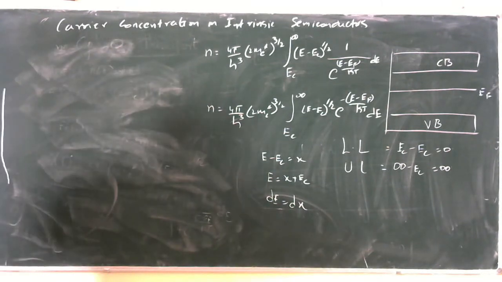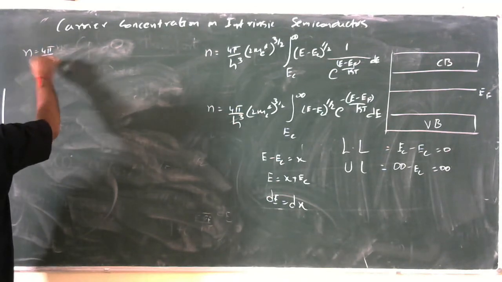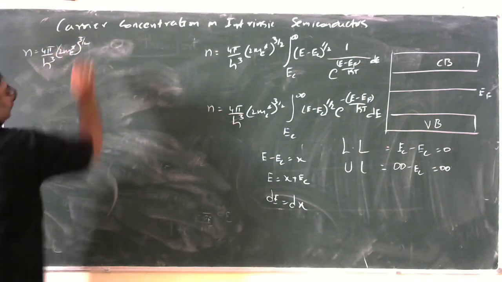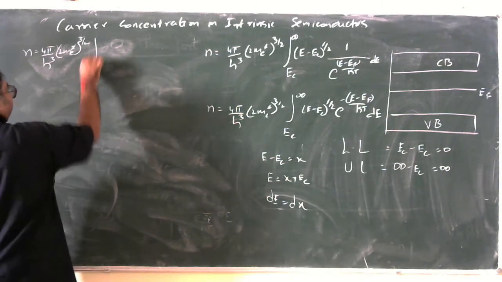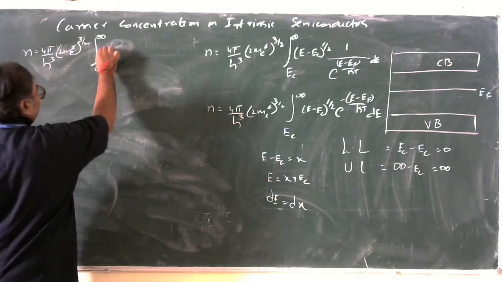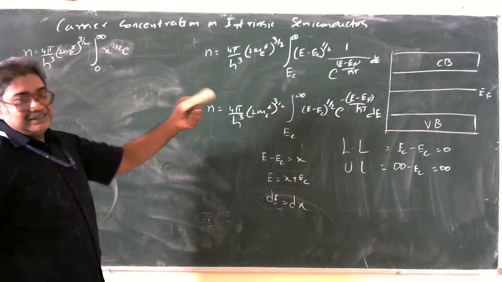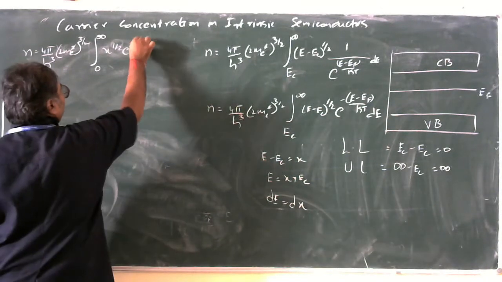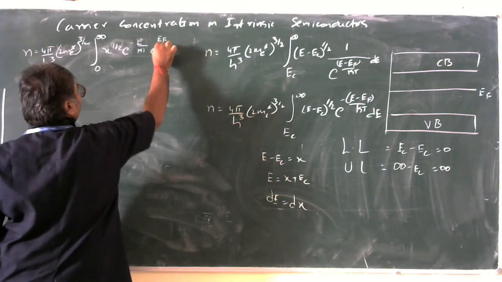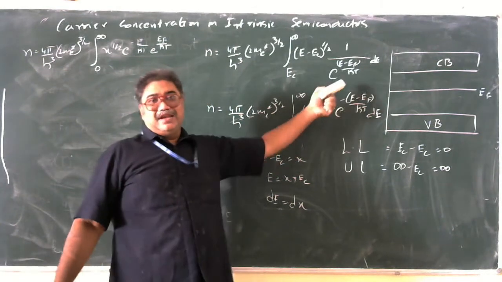We are going to get N equals 4π by h cube into (2 me star) whole power 3/2, integral 0 to infinity, x power 1/2 exponential of minus E by kT into exponential of EF by kT, because this can be written as a power m minus n, a power m into a power minus n.